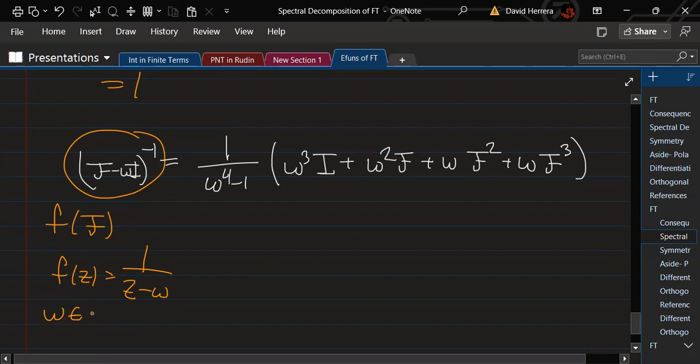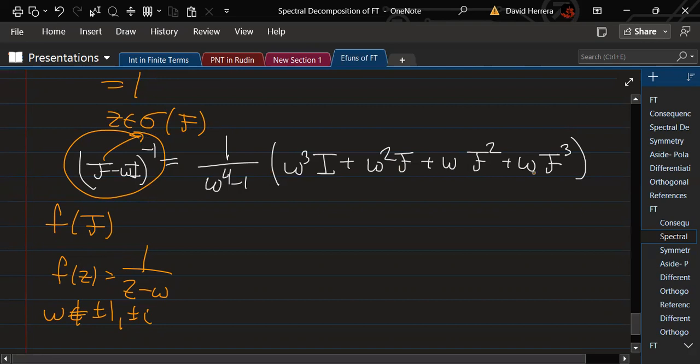So I definitely want omega to not be plus or minus 1, plus or minus i. Basically, I'm thinking of z as belonging to the spectrum of f. That is where there should be problems with inverting, because that's when the inverse doesn't exist. So that's what I'm thinking of this function on that set.